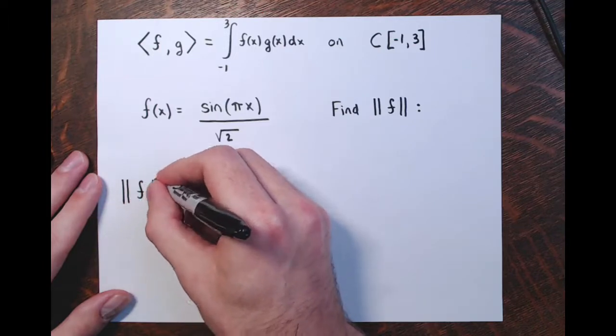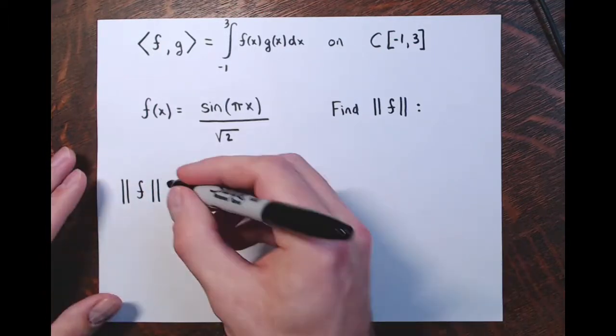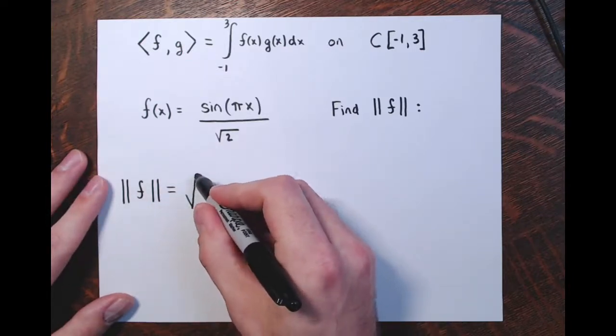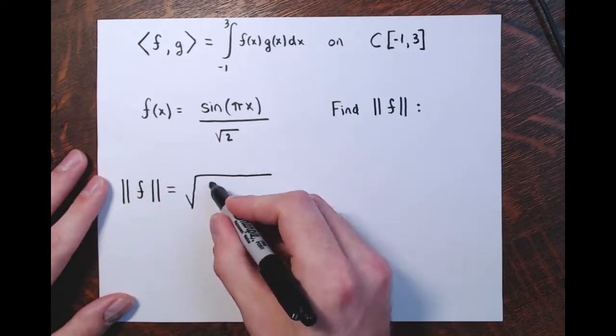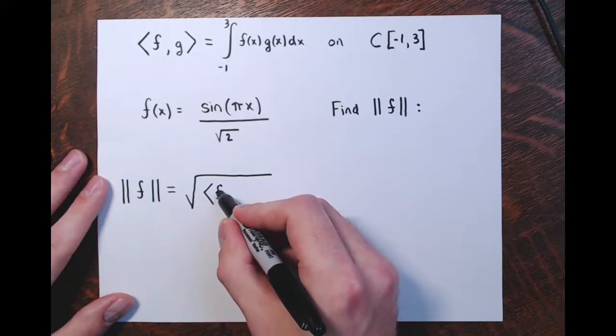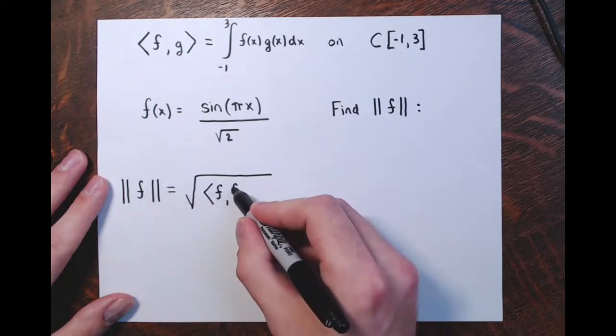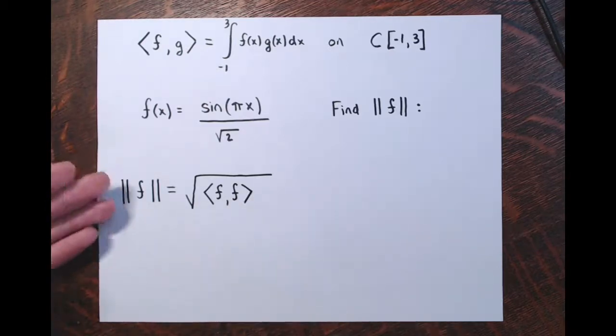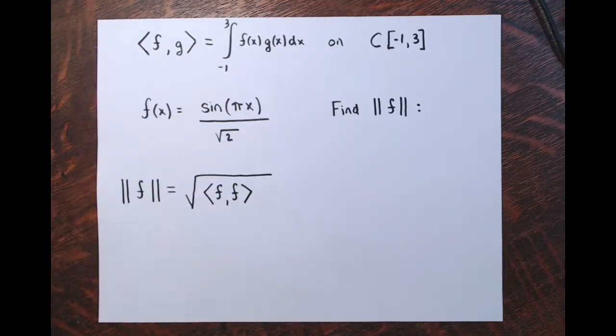So remember, the norm of a function or the norm of a vector, the natural norm, is the square root of the inner product of that vector, or in this case this function, with itself. All right, so we're going to use this definition a lot because this is a very natural way to define a norm, and this satisfies all those properties.